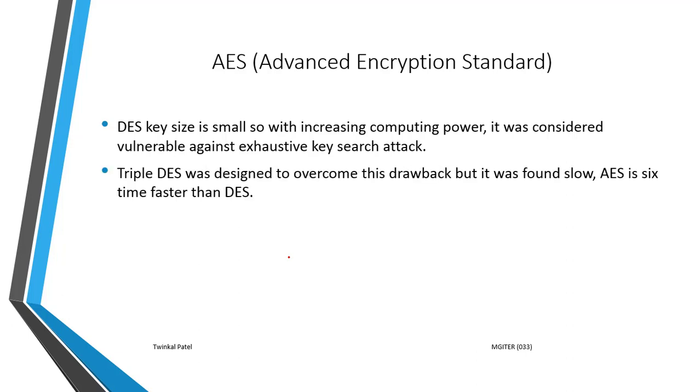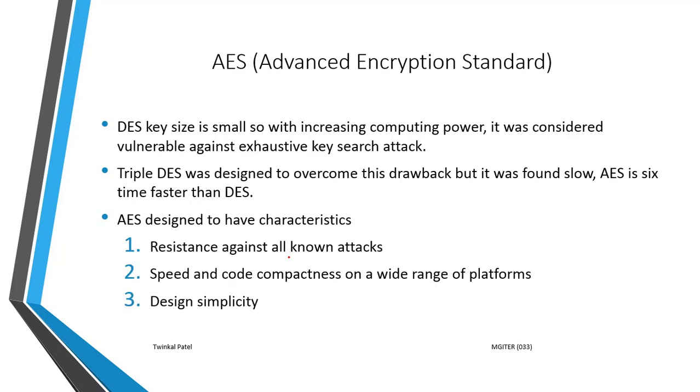So a triple DES was designed to overcome this drawback of the DES, but it was found that DES is slow. So AES is designed which has a key size larger than the DES, and AES is also 6 times faster than the triple DES. So AES is designed to have the characteristics such as resistance against all the known attacks, speed and code compactness on a wide range of platforms, and it is simple in design.